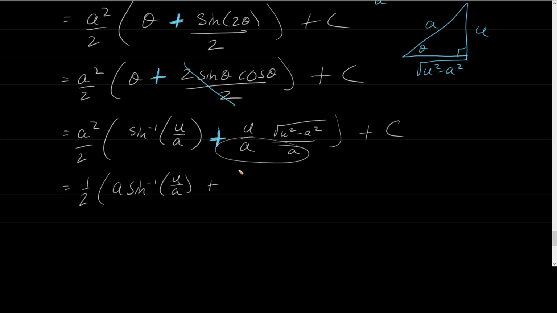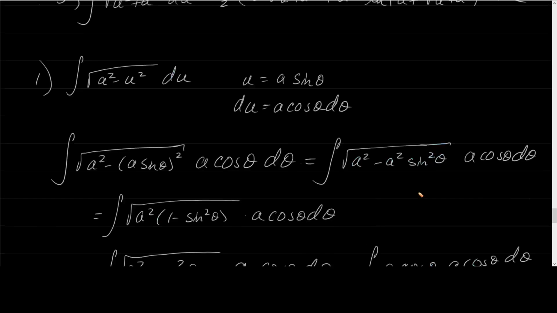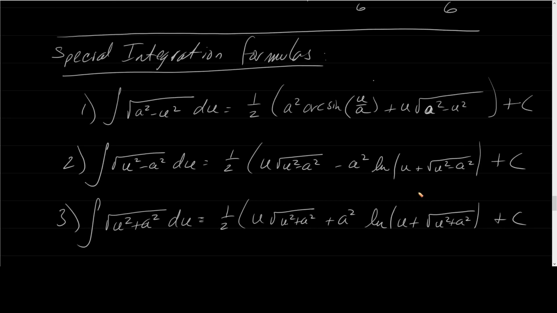There's an a squared on the bottom here, because we have a times a, so this a squared cancels out both of those. So I end up with u times the square root of u squared minus a squared, and then we have this plus c. And look at that, that is the actual formula that we had up here, that first formula.